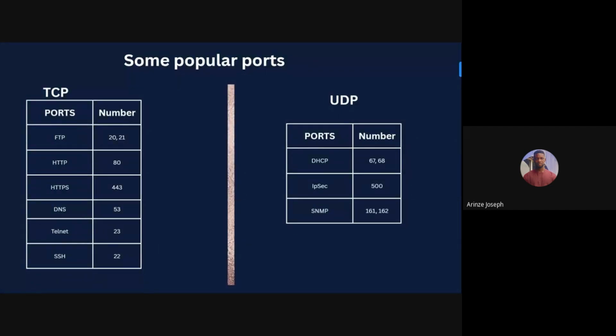What it means is that any data that is being sent on port 22, which is SSH, is being encrypted. Maybe we'll talk about encryption in our further classes. Those information are being encrypted so that even if there's a hacker in the background listening to those ports, they won't get the actual information.